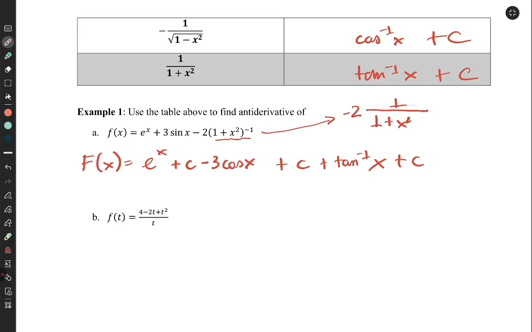All right. Now normally, each one of them has the plus C, because the plus C is arbitrary, an unlimited number. So each one of them is basically the same, right? Instead of writing plus C, plus C, plus C three times like that, normally you don't have to write it every time. You just find the antiderivative of each one of them, and when you're done, put the plus C on the back.